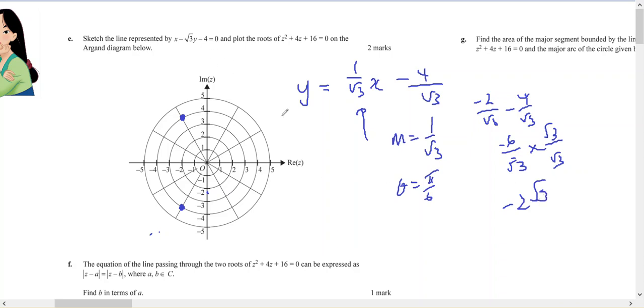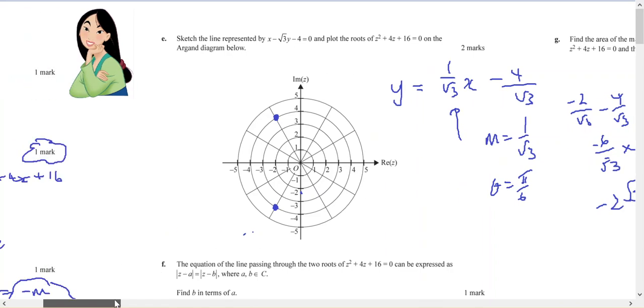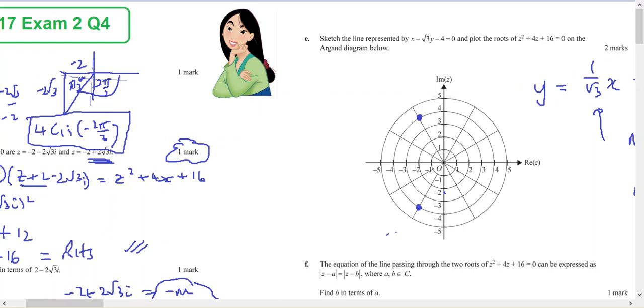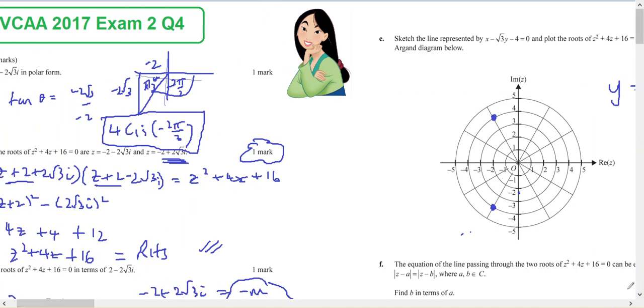It's exactly what I was wanting, because that value there is -2 root 3. So my line is parallel, so my line looks like that. So I've shown my 2 points, the 2 roots. Okay, so that's part A through to E.